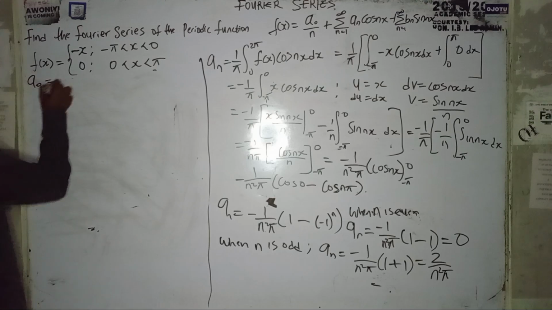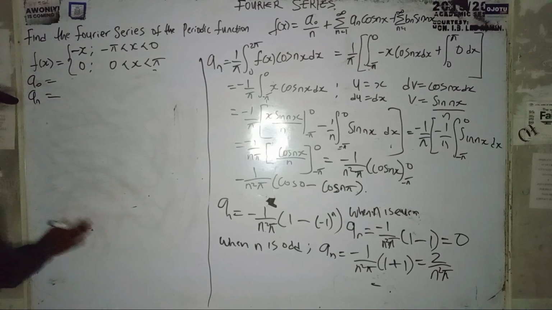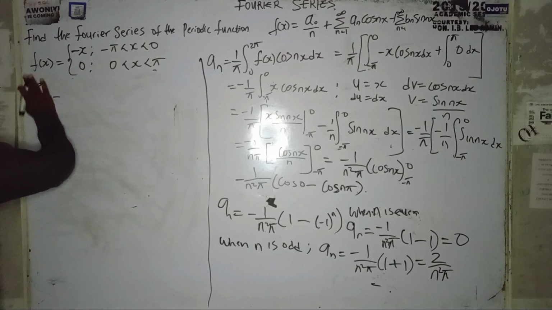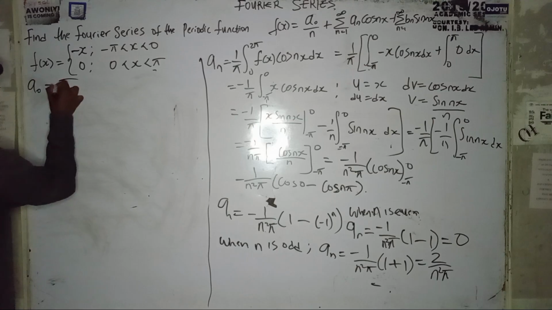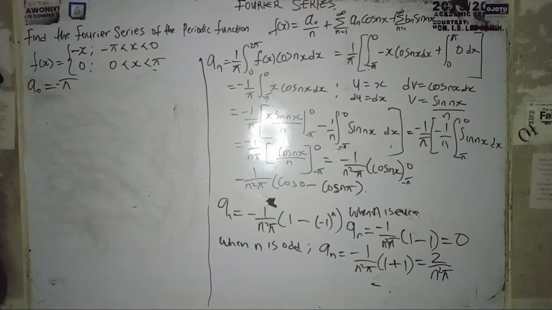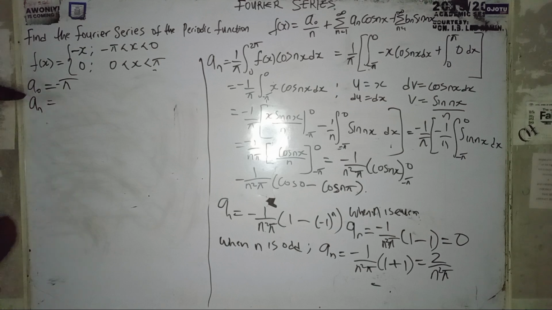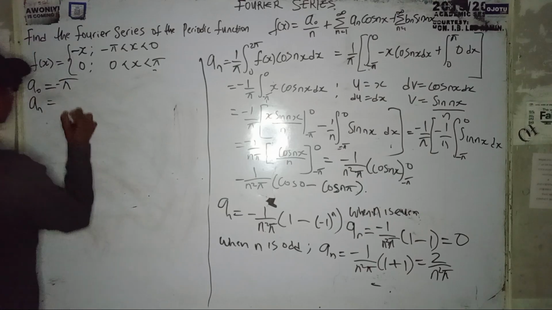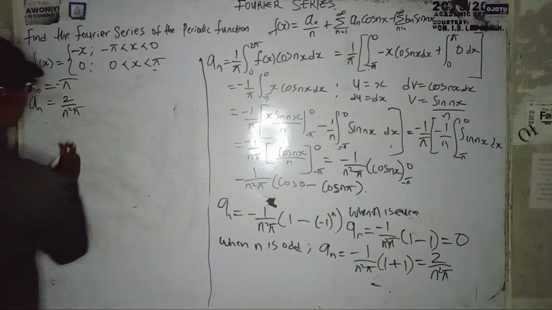We have a naught equal to minus pi, and we add our a n to be equal to 2 over n squared pi.